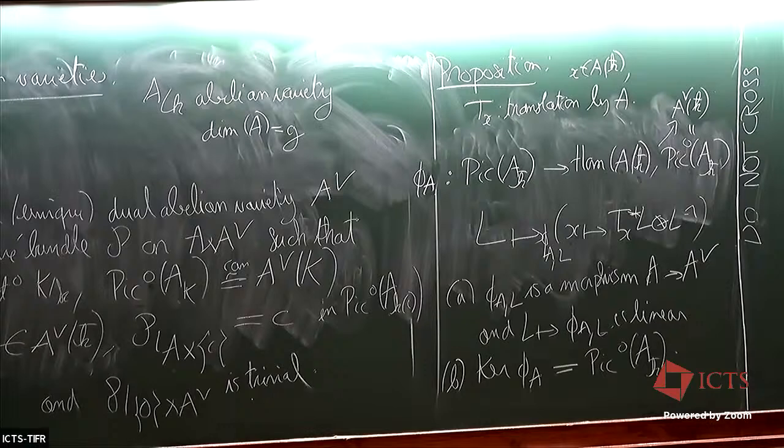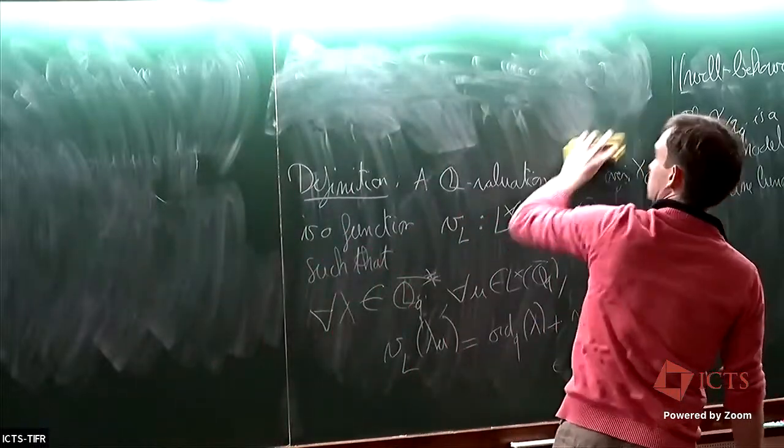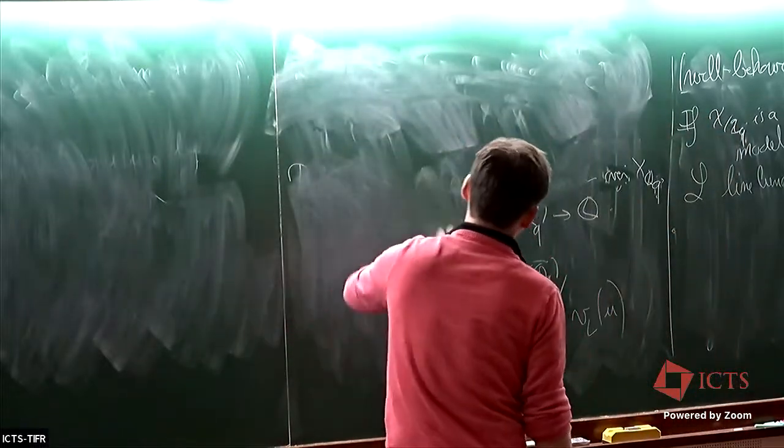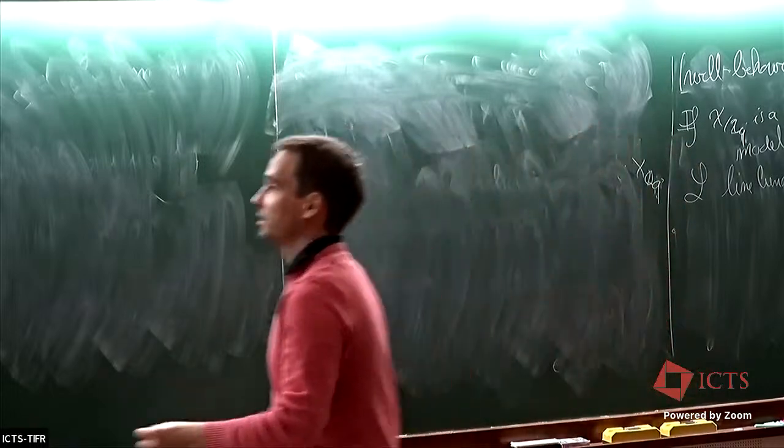Why is it useful? I just dropped this now here. It will come back right at the end of the talks. It's useful to get a bit of a feeling about this space.